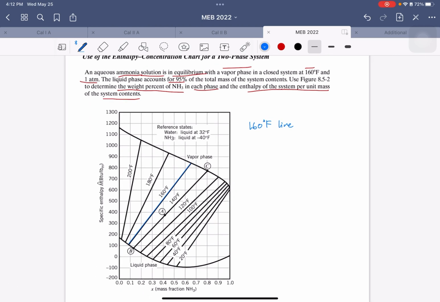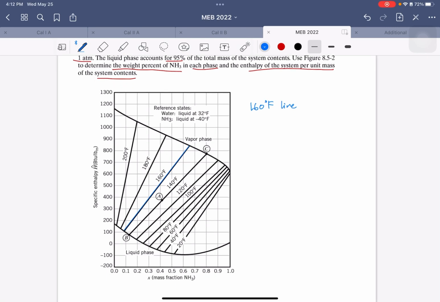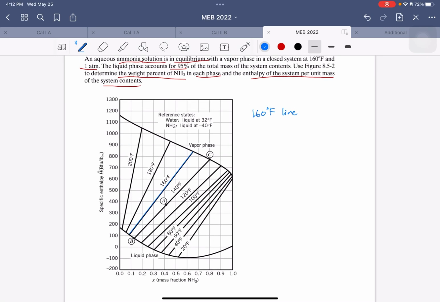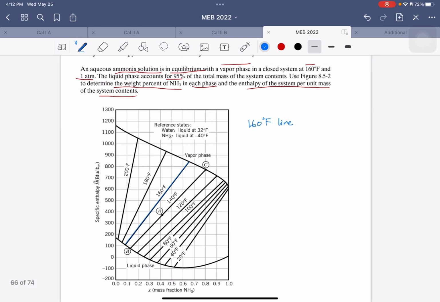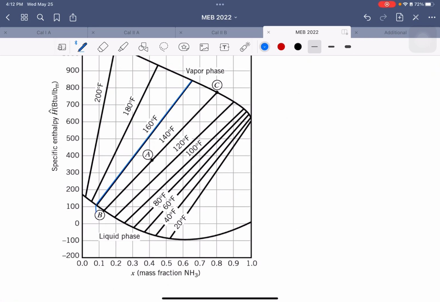And then the liquid phase is 95%. So we could have this is around 8%.